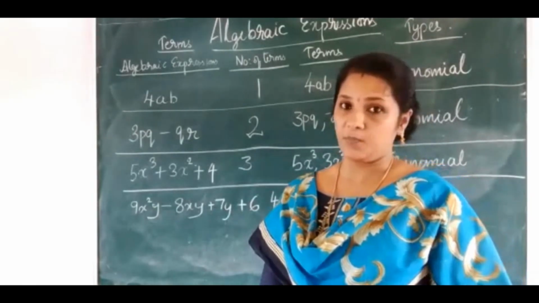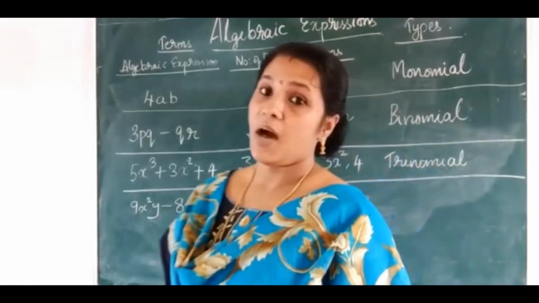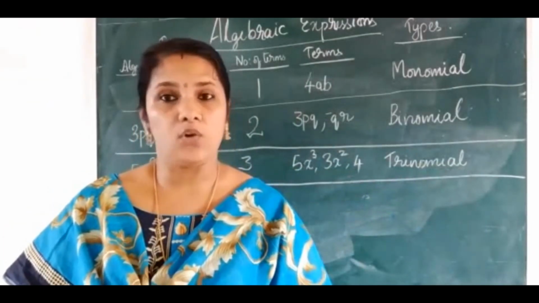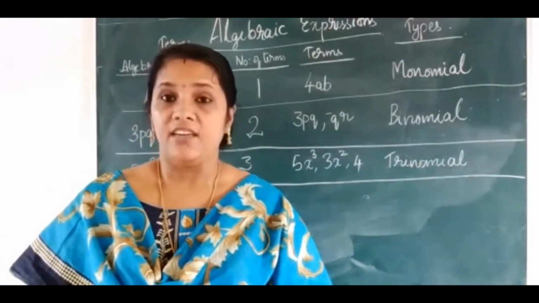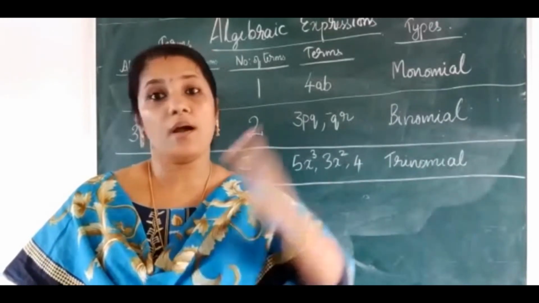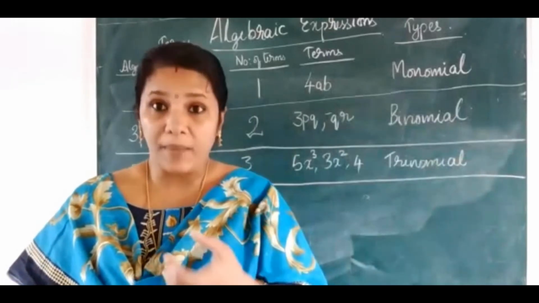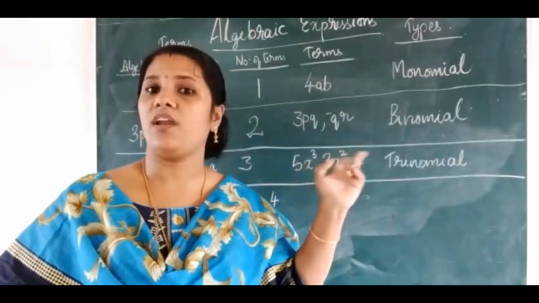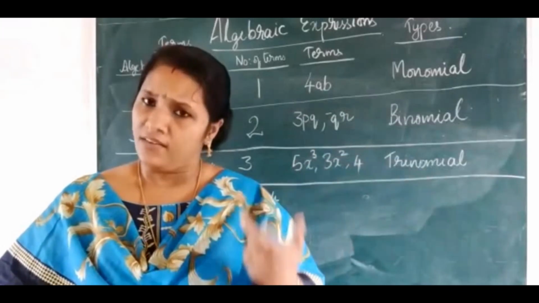Such algebraic expressions we call it as multinomials. What is it? Multinomials. Which means that if an algebraic expression is having 2 or more terms. To be specific, 2 terms we will call it as binomial and 3 terms we call it as trinomial.